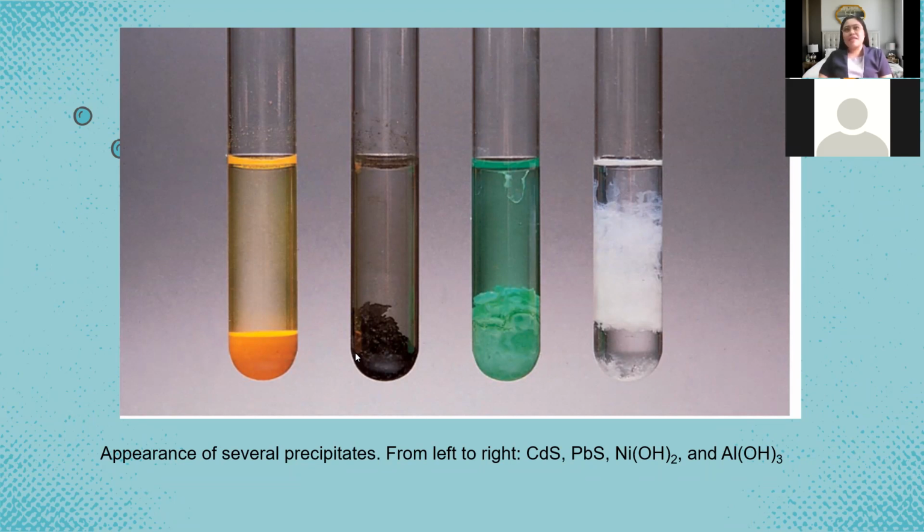And these substances or the precipitate may exist in different colors. So just like this one, this is from left to right ha. The yellow one is the precipitate called cadmium sulfide. Remember, sulfide are supposedly insoluble.